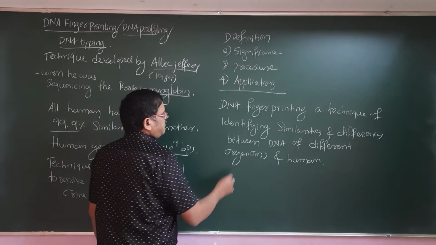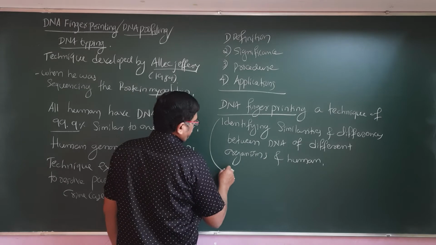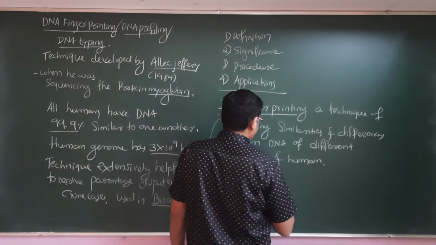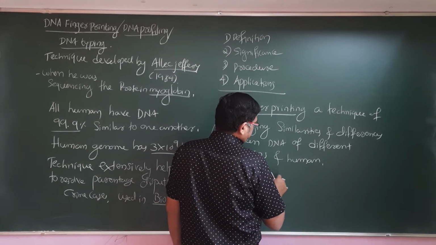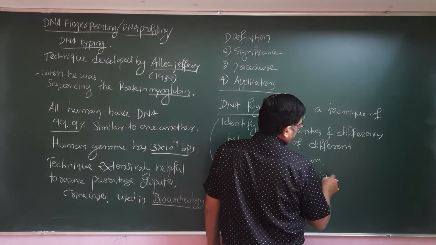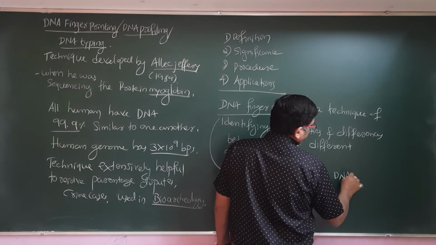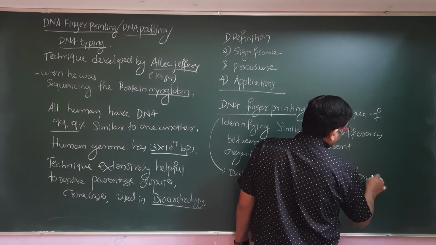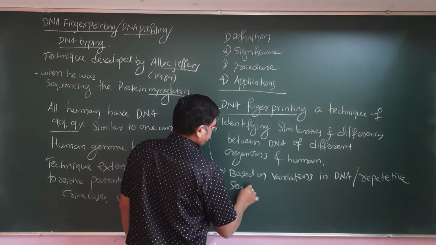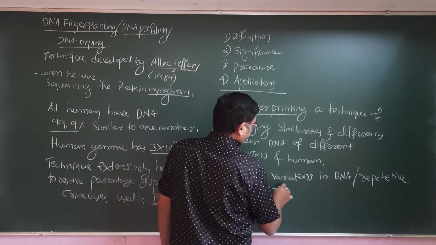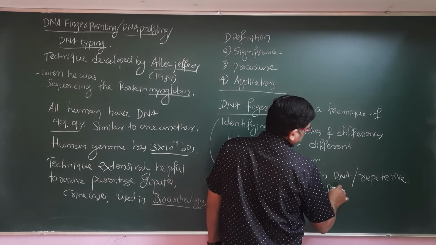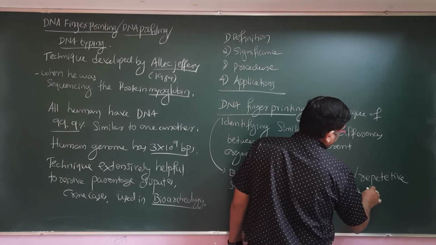This DNA fingerprint is mainly based on the variations in the DNA, which we call repetitive sequences. They are also called satellite sequences. Satellite sequence detection.